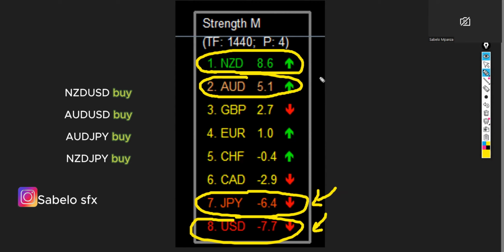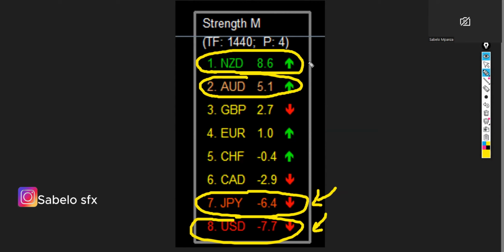So we are buying a currency that is above positive 5. From positive 5 upwards, we look for buy opportunities. And from negative 5 downwards, negative 5, 6, 7, 8, we are going to be looking for a sell.